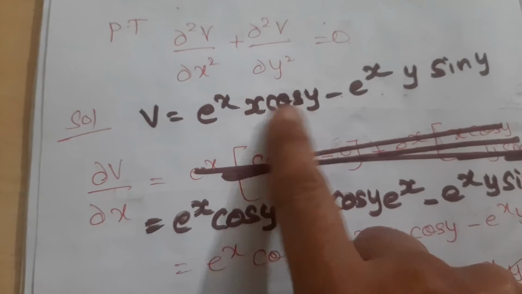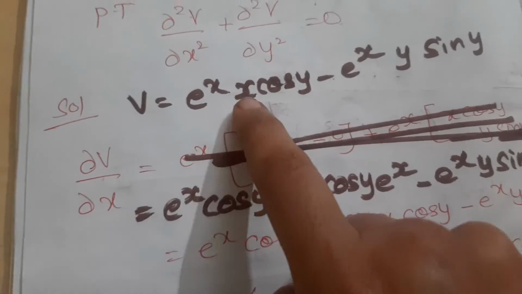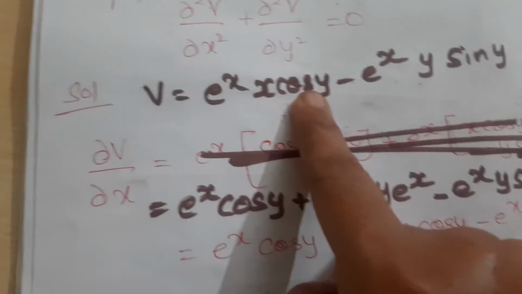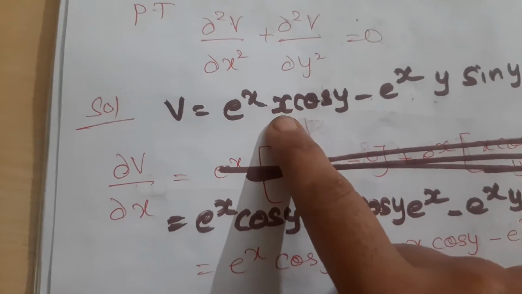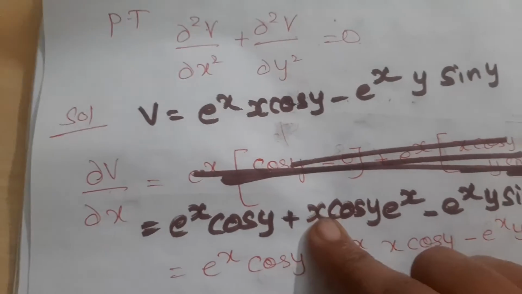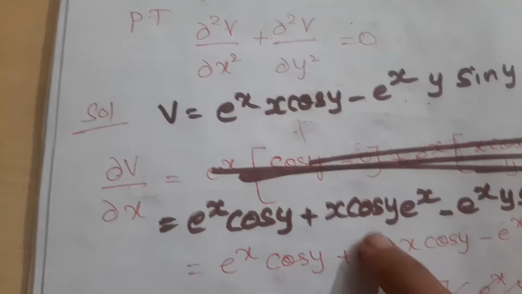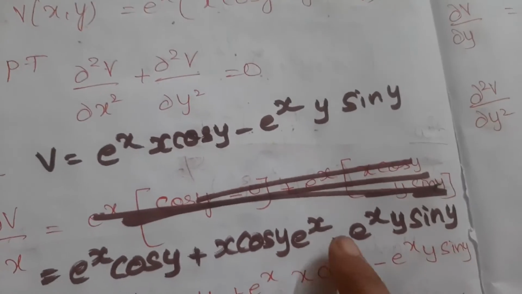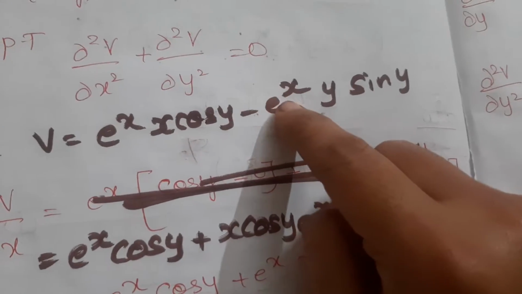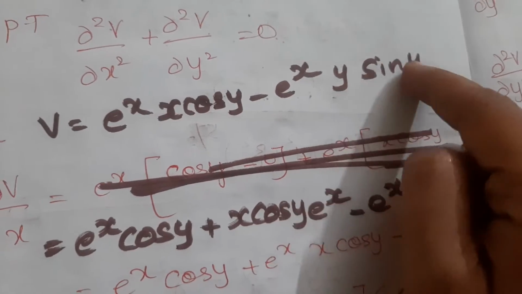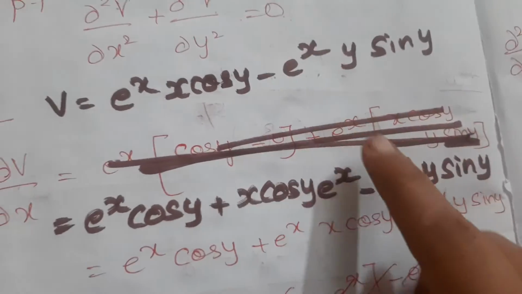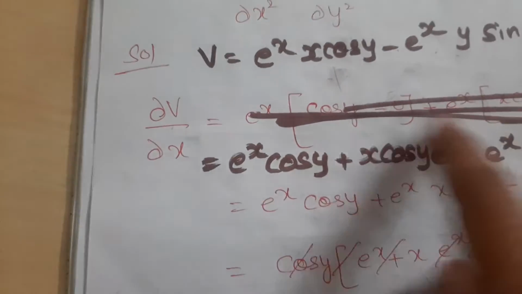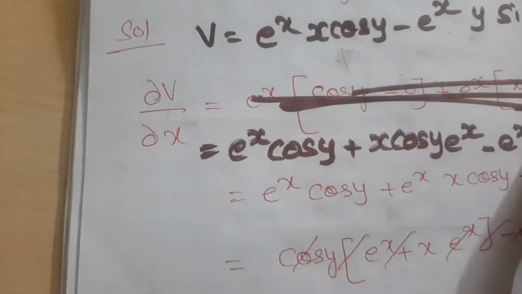The differentiation of x cos y is 1 into cos y, because cos y is a constant. Plus, I keep x cos y as it is, and the differentiation of e power x is e power x. Minus, here I have e power x into y into sin y, and the differentiation of e power x is e power x y sin y. So this is the first derivative of v with respect to x partially.